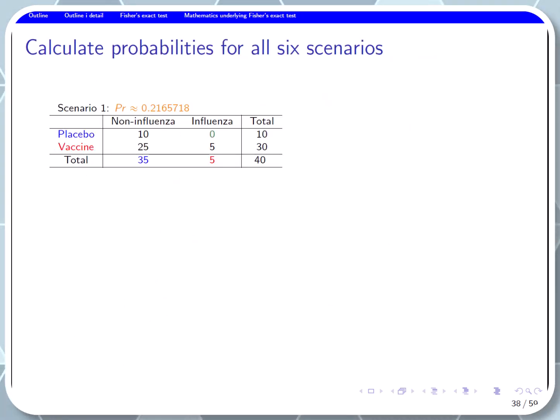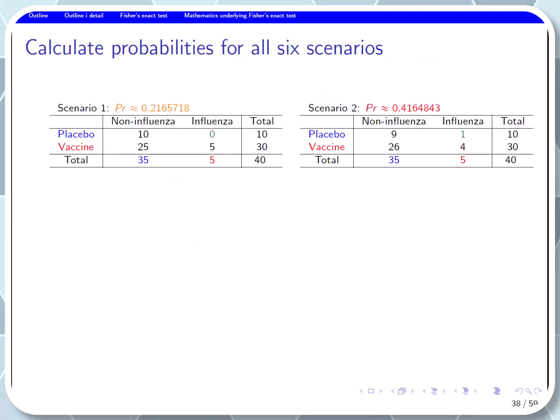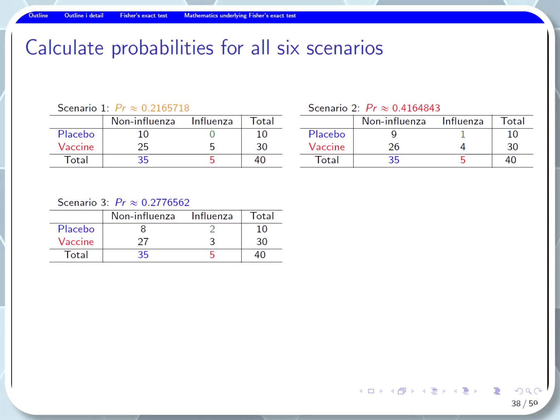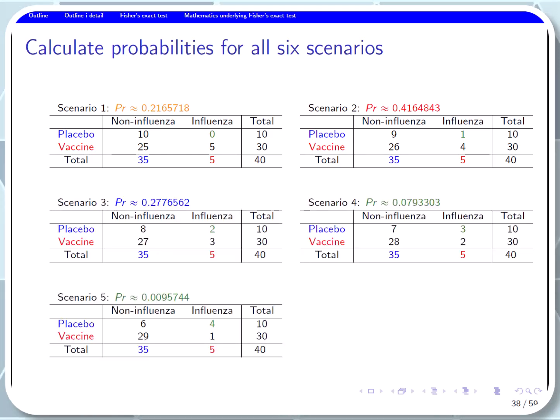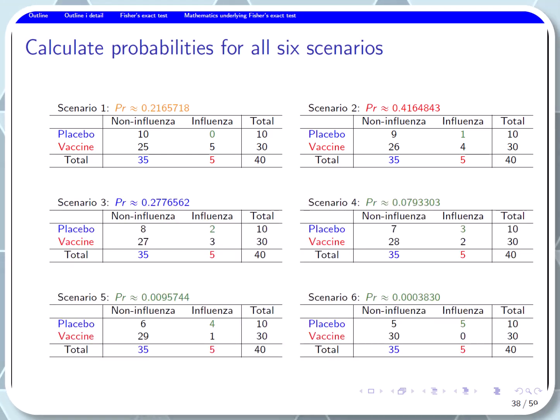We can use the same formula to calculate the probabilities for the rest of the scenarios: probability for scenario 1, scenario 2, 3, 4, 5, and 6. If you take 5 seconds to go through each probability, which is color-coded, the probability in blue for scenario 3 indicates it's the probability for the observed scenario.